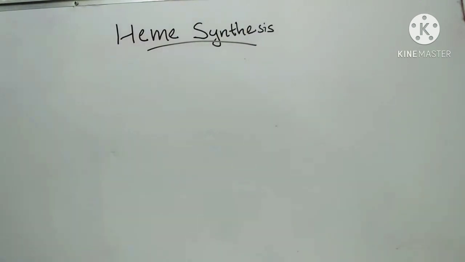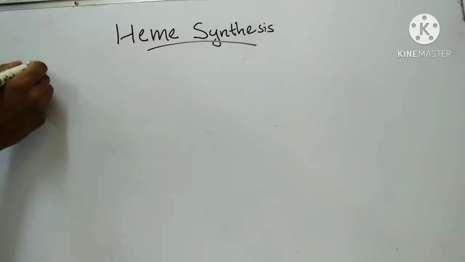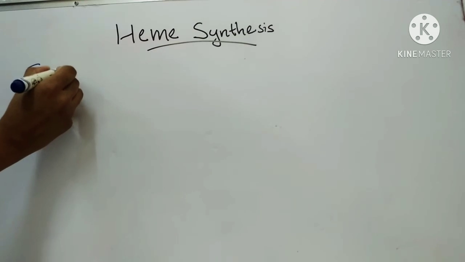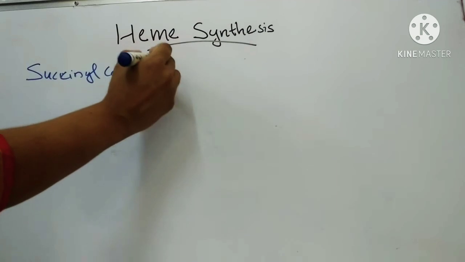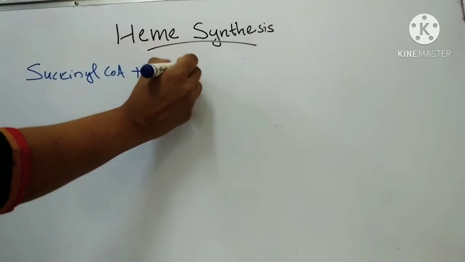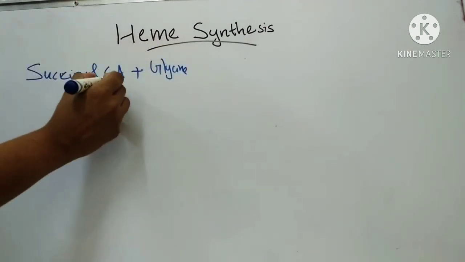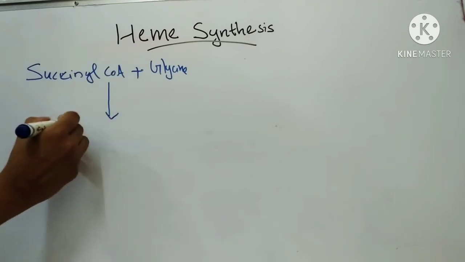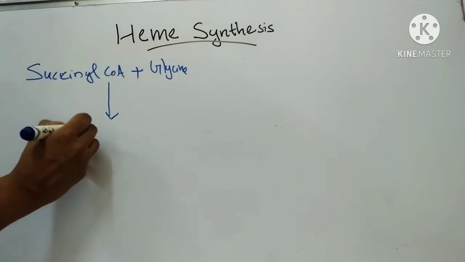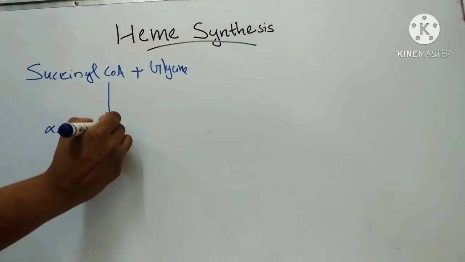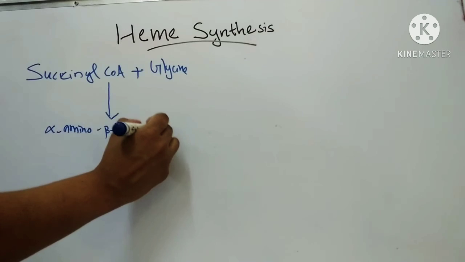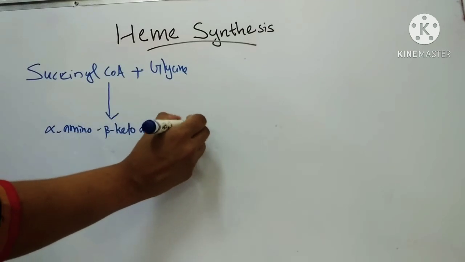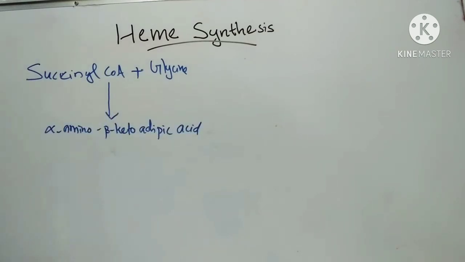So first step is succinyl CoA condenses with glycine to form alpha amino beta keto adipic acid.